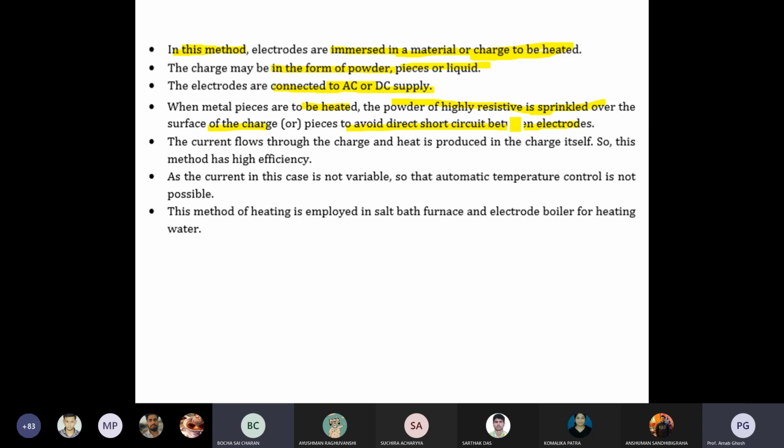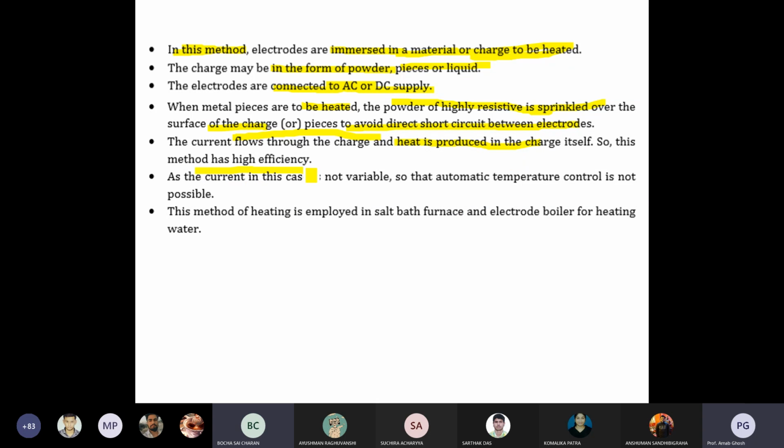Since the high-resistance powder does not melt down, there is no chance of the electrodes shorting. Otherwise, if the charge is liquid, there is a high chance of short circuiting. Current flows through the charge, so the heat is produced in the charge itself, and the method has high efficiency. Automatically, I squared R losses inherently produce a huge amount of heat energy that melts the charge.